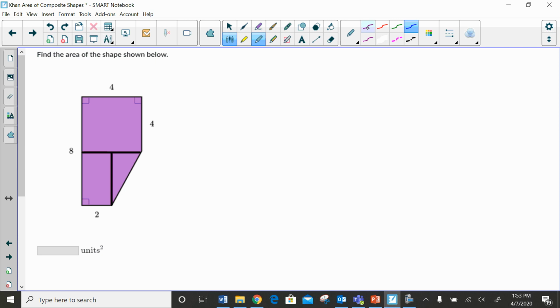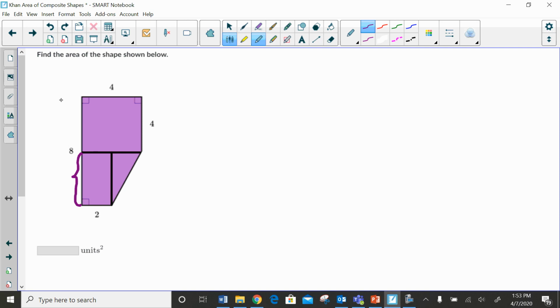All right, so I see a 4 here for my square and a 4 here. That's good. My rectangle has a 2 here, but now I need something that goes from here to here for my rectangle. Okay, well, I see an 8.